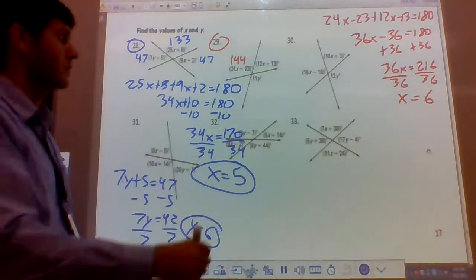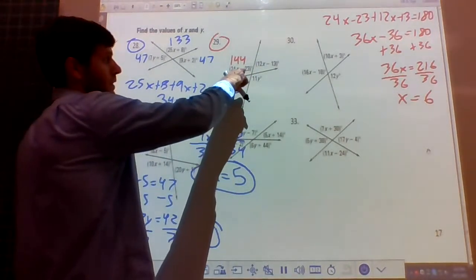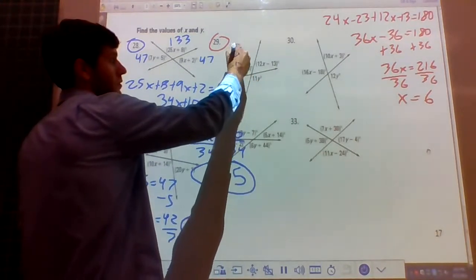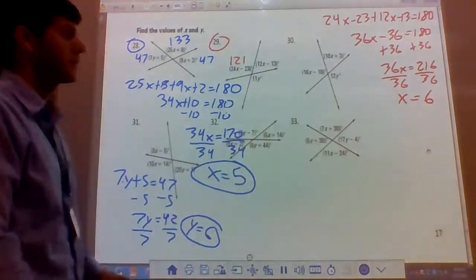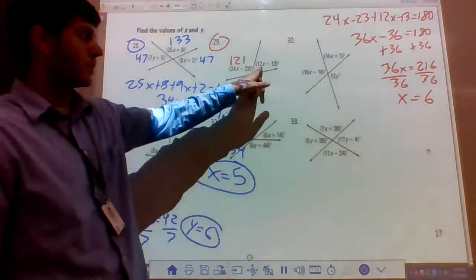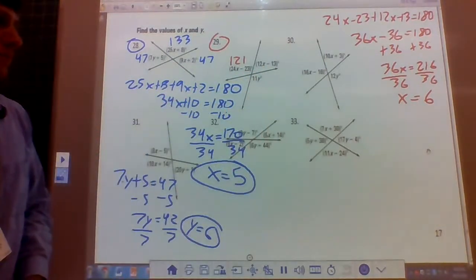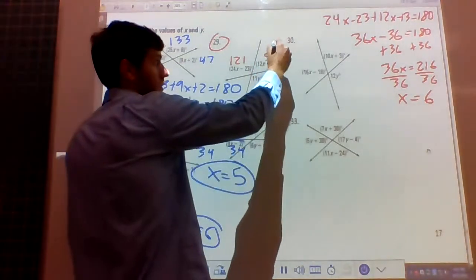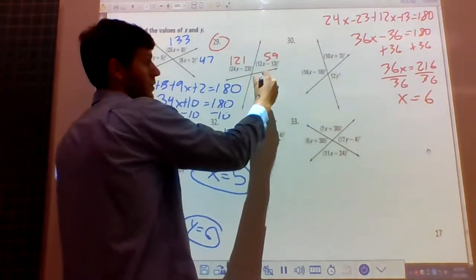Minus 23, I'm sorry. So 121. Okay, and then just to check, let's plug it in here. That's going to be 72 minus 13, which is 59. So we're good. Okay, so if that's 121, this is 121.